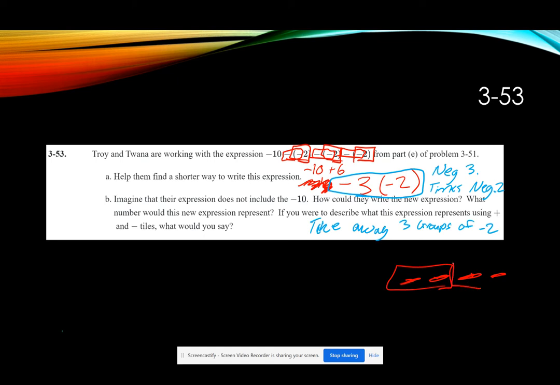There's one group, there's 2 groups, there's my third group. So right now I have 3 groups of -2. And now I'm going to take away, right?